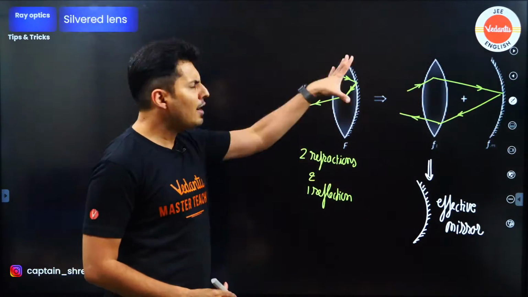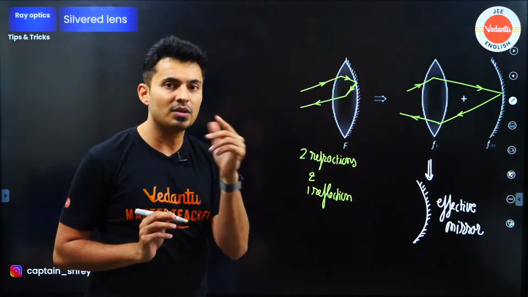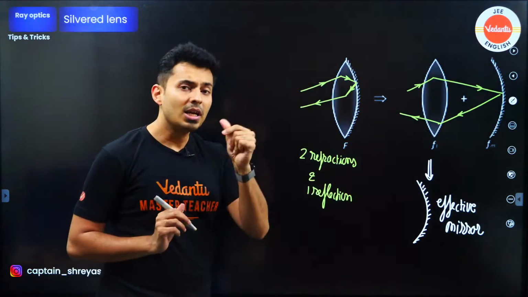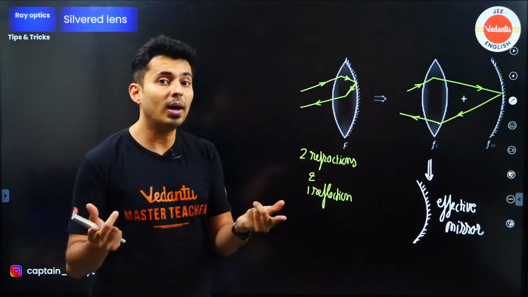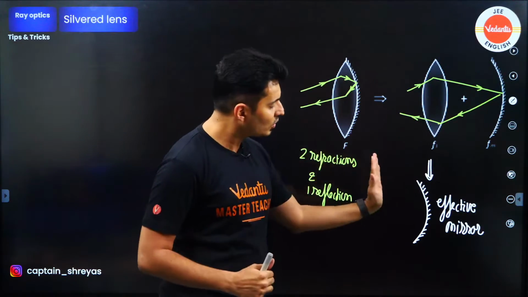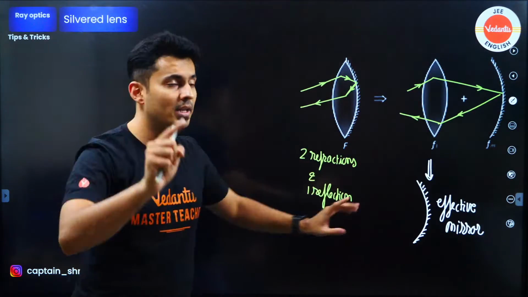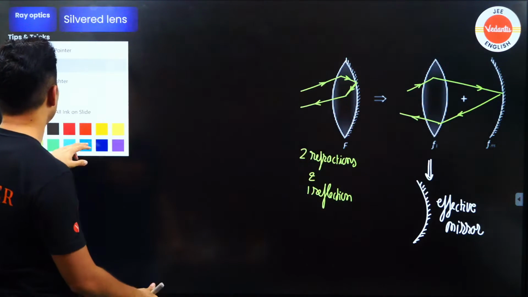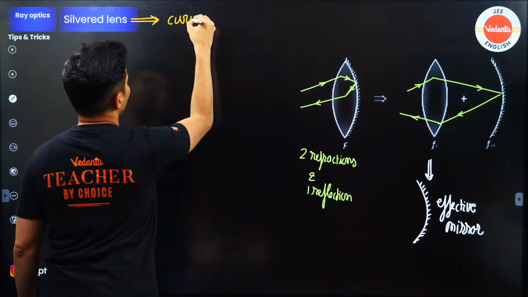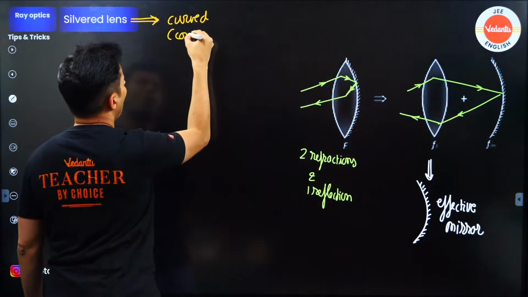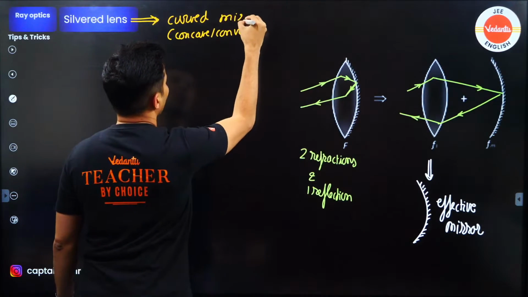So remember, whenever there is a silvered lens, it's going to behave like a curved mirror. Concave or convex depends on the power, whether it is positive or negative. If the effective power is positive, that means it is converging, so it is a concave mirror. If the power is negative, it is diverging, so it will be a convex mirror. It depends on the final result, but remember, a silvered lens eventually is always a curved mirror.